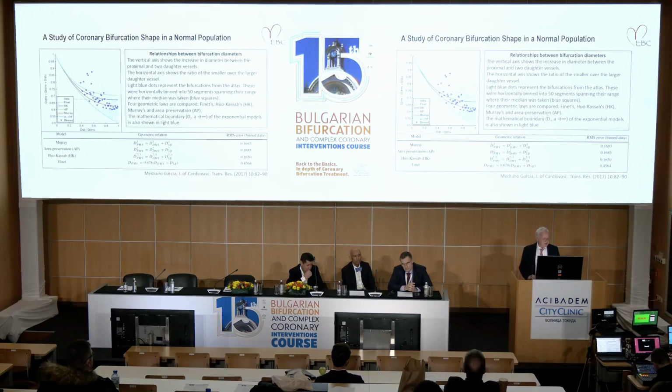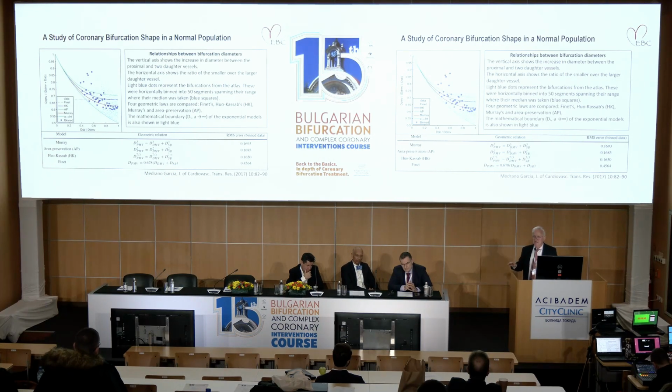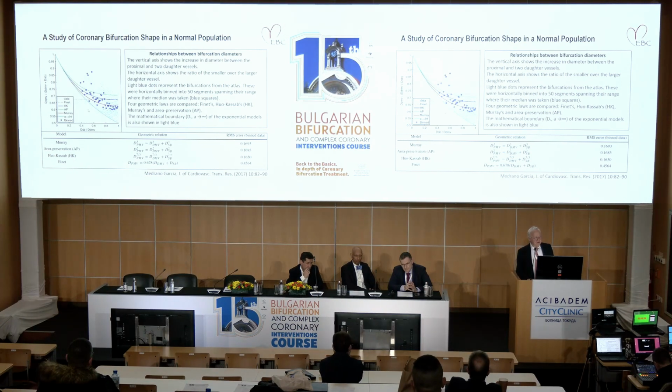But Huo-Kassab's law followed Murray, which is saying that this is a fractal, repeating the same scheme from proximal to distal, linearly, as it is here. This is Finet. And today you have to consider that probably Huo-Kassab, the blue line here, is very comparable to Finet's law when the two distal vessels are very different in diameter.